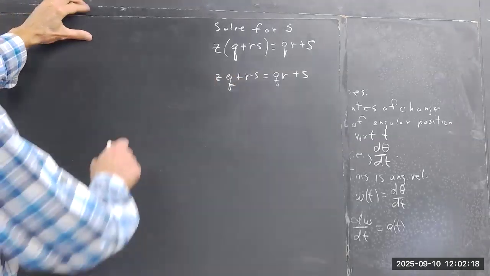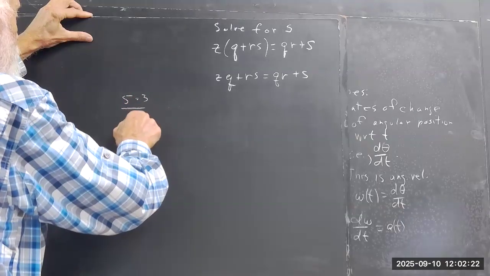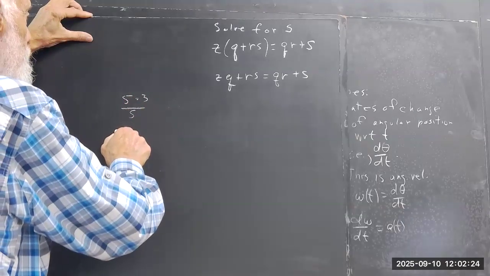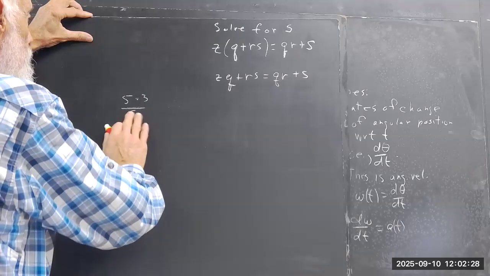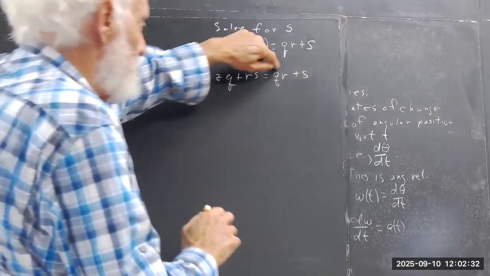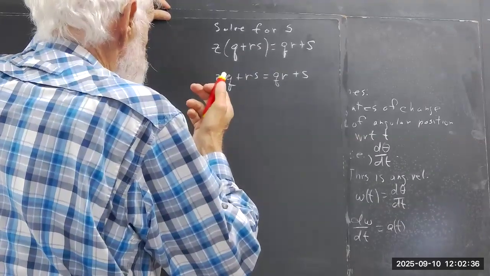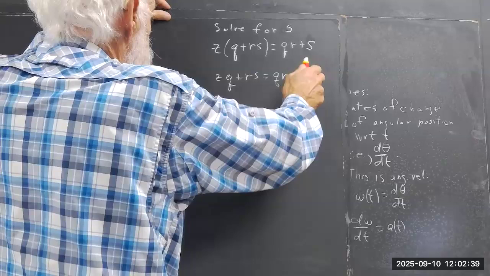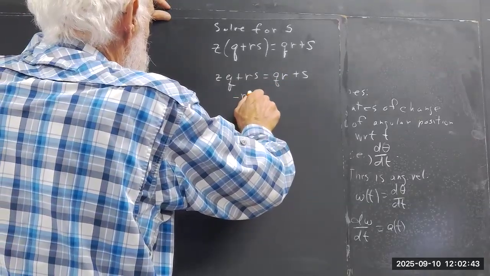Anyhow, you do that. Okay, most people then ended up with their S's on the right side, so I'll do this. You would subtract RS.